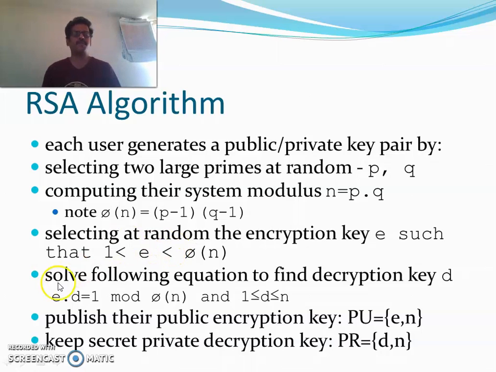Then we need to compute the decryption key D in such a way that when D is multiplied with E under modulo phi of n, it leaves the remainder 1. So we are finding the decryption key D on the basis of the concept called multiplicative inverse. Now we publish the public encryption key PU equal to E, N, keeping secret the private decryption key PR equal to D, N.